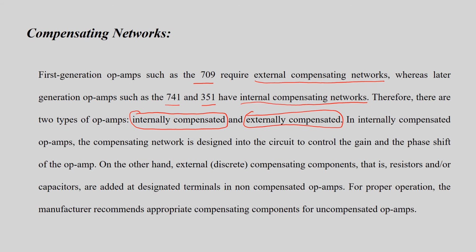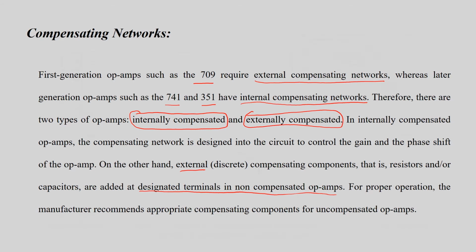On the other hand, external discrete compensating components, that is resistors and or capacitors, are added at designated terminals in non-compensated op-amps. For proper operation, the manufacturer recommends appropriate compensating components for uncompensated op-amps.